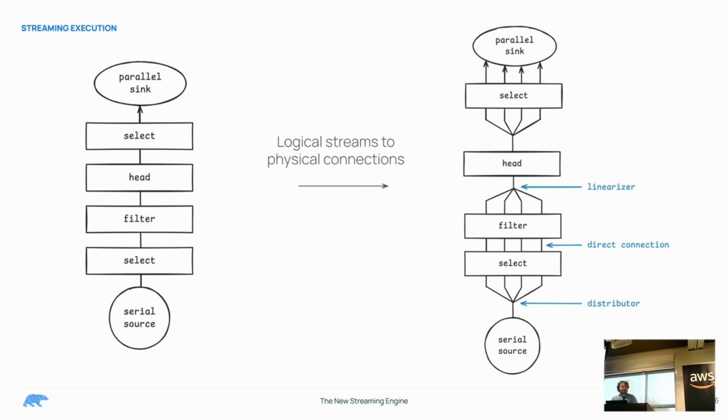But the filter and the select, they could run entirely in parallel. They are what we call element-wise, which means that every row can be evaluated independently from any other row. Well, the filter's not element-wise, but details. So those can run in parallel. And what we tend to do is, every node, for the most part, does not actually implement parallelization itself.